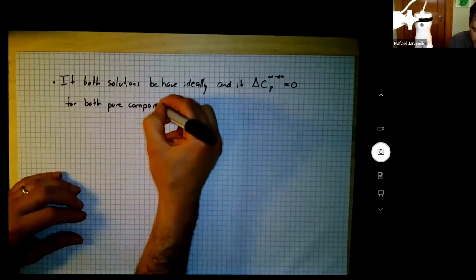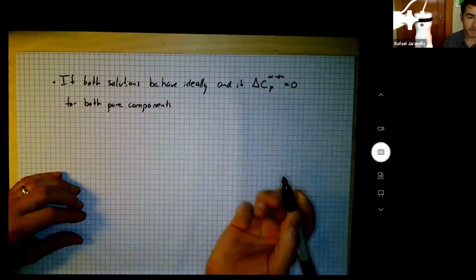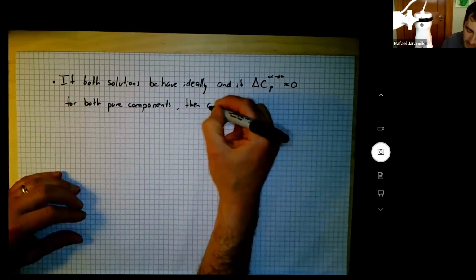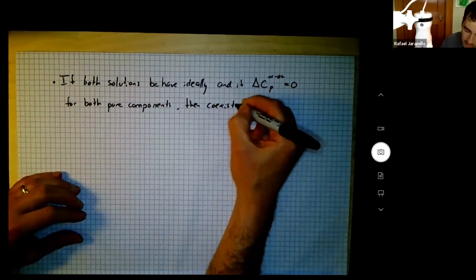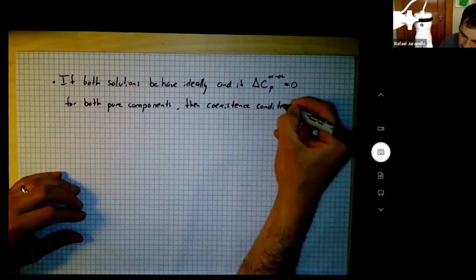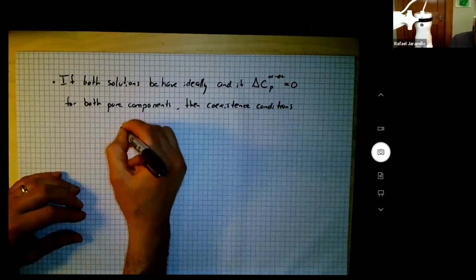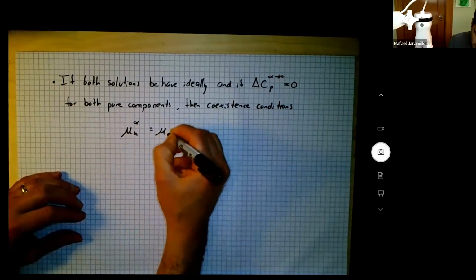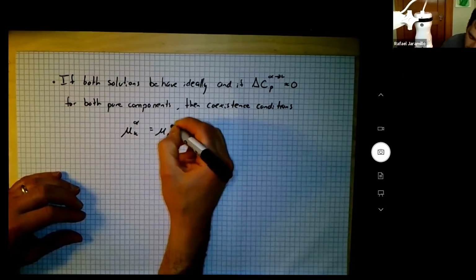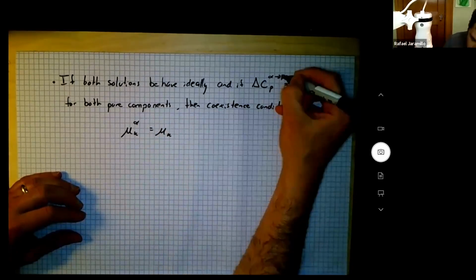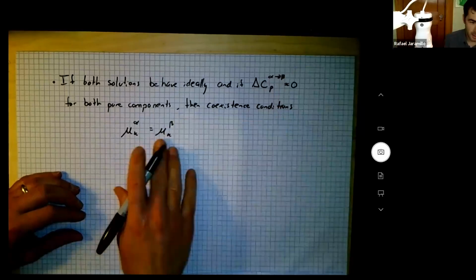So a lot of ifs here. Then the phase coexistence conditions, being mu k alpha equals mu k, well, let me make this not liquid. Let me make it beta, so it's a little more general. Okay, that's the coexistence conditions.